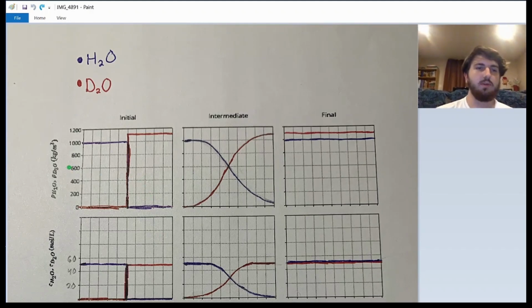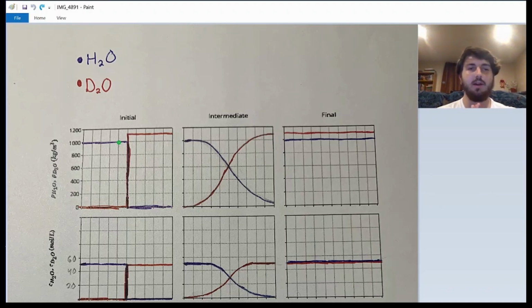So first we're going to be comparing that to the mass concentration. At the initial state where t equals 0.1 seconds, all of the H2O is on the left side. There really wasn't enough time for them to mix. This is essentially right after the divider had been taken out. And so the mass concentration of the water is 1,000 kilograms per meter cubed all across this left side.